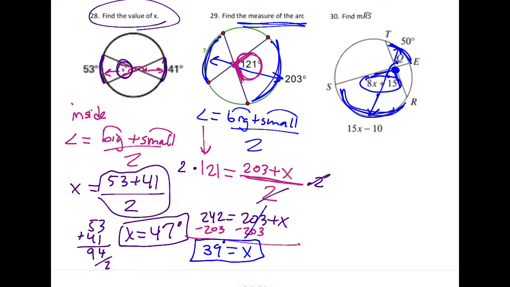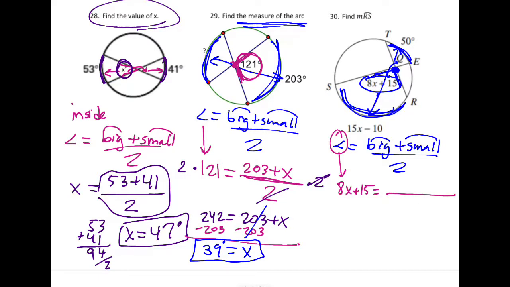So inside is angle equals big arc plus small arc divided by 2. So whatever's in the angle is what you have to put first on the left side of the equal sign. So in this case, it's 8x plus 15, equal sign, then the big arc is going to go at the top of the fraction first, which is 15x minus 10, and then plus the small arc, which is 50, divided by 2.